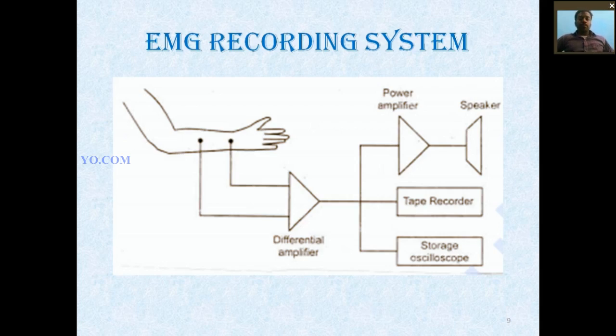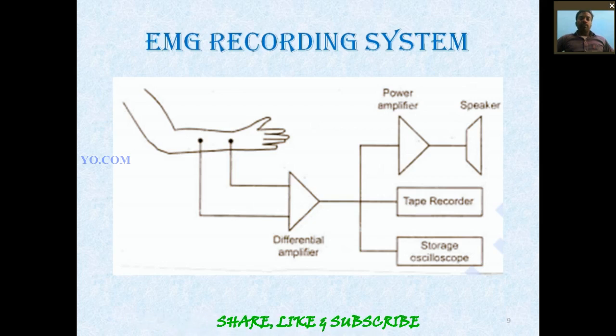Then the output of the differential amplifier is given to three units. One is a storage oscilloscope, the second is a tape recorder, and the third is a power amplifier. The power amplifier is used to drive the speaker. Okay, right. So through the speaker the technician can listen to the signal that is sent from one side and received from the other side.